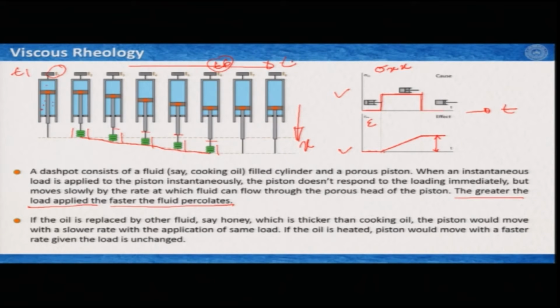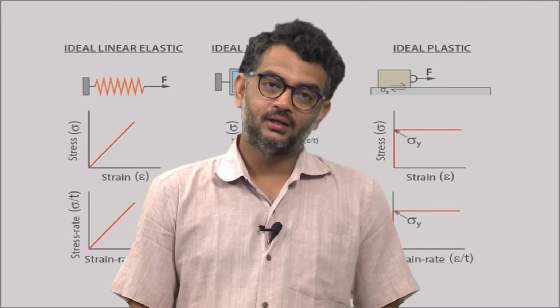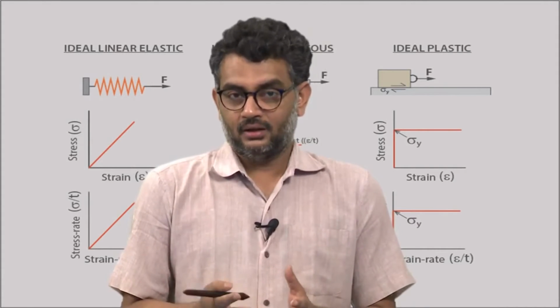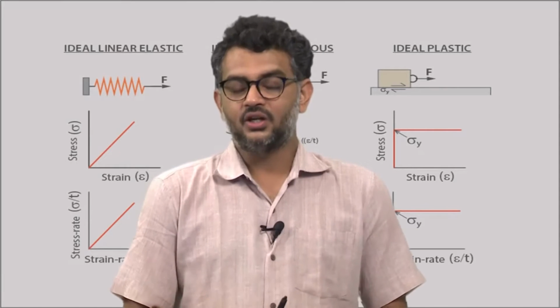Now, we can also understand that instead of, say, whatever fluid you have used, say cooking oil, if we use some other fluids like honey, then under the application of the same load, the flow would be slower, and if we heat the cooking oil and put it inside the cylinder, then the flow would be faster. So, of course, in all cases the load is unchanged.